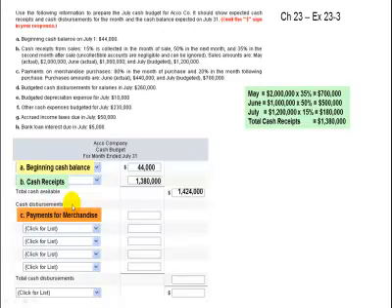Cash disbursements will have payments for purchases. Payments for purchases says 80% of what you buy, you're going to pay 80% of it in the month of purchase and 20% the month following. So again, all we care about is how much of these purchases we are going to make payments for in the month of July.